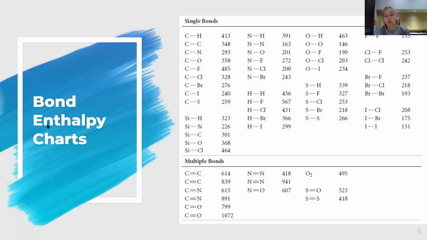All right, so this is what you're going to be looking at when you see bond enthalpy charts. And I just wanted to put up a visual because I think that's super helpful. When you approach a question, you're often going to find a section of this chart, whatever bonds apply to that specific problem. So if you've got a CO2, right, you're going to see a carbon-oxygen bond, and usually that's going to be a double bond because oxygen goes on both sides.